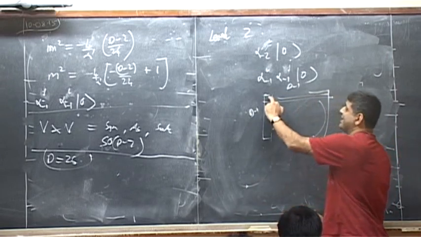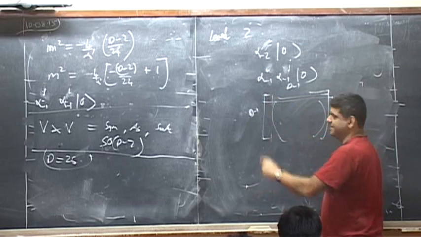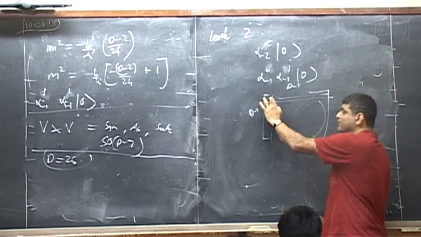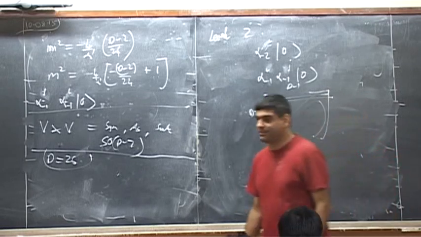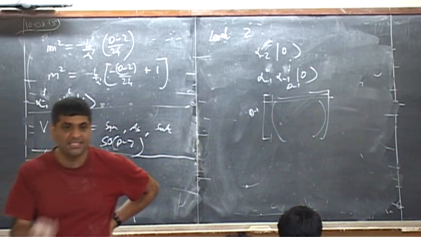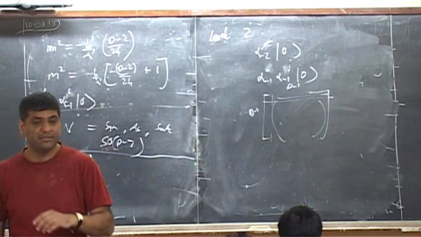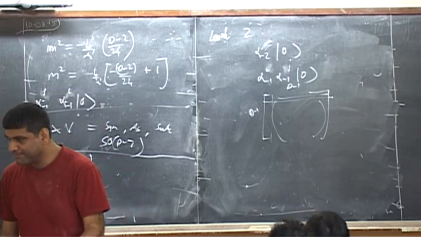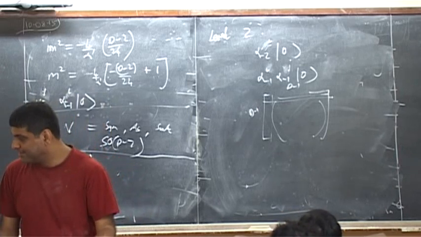Suppose we started with the representation that was symmetric traceless. That links this number to the trace of this, so it removes this. So what have we got? We've got the following decomposition rule: an SO(D-1) symmetric tensor decomposes into an SO(D-2) symmetric tensor, a vector, and a scalar.